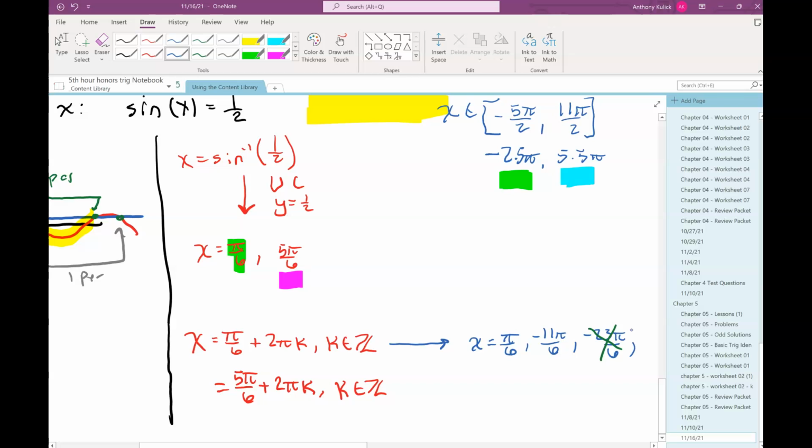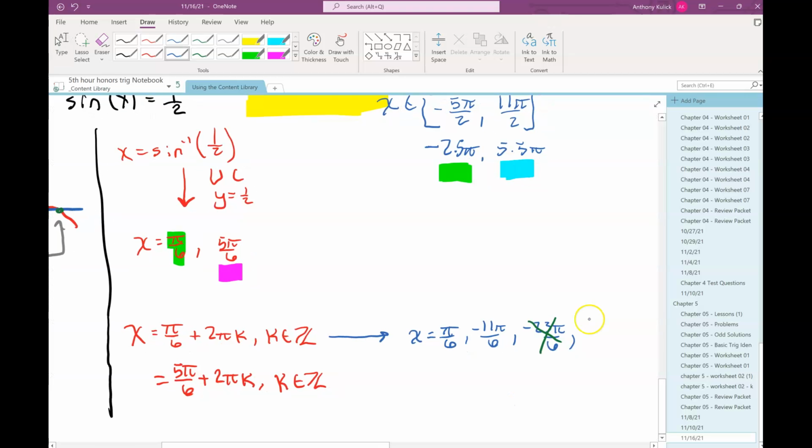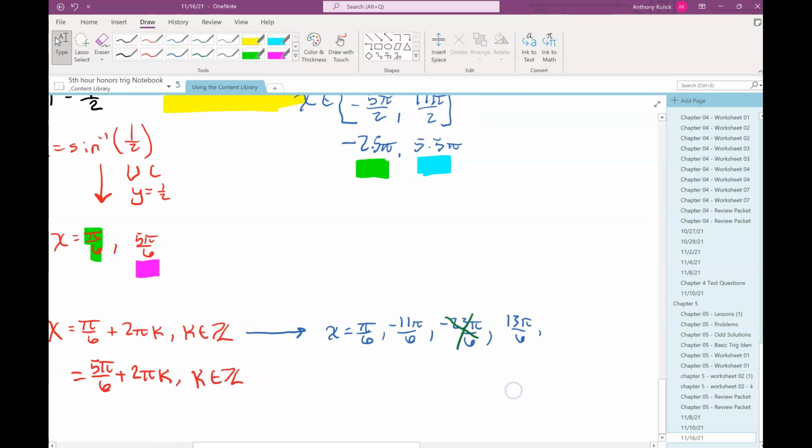So now I'm going to add 2 pi to pi over 6. 13 pi over 6. That's still less than 5.5 pi. So we'll do it again. 25 pi over 6. That's still less than 5.5 pi.